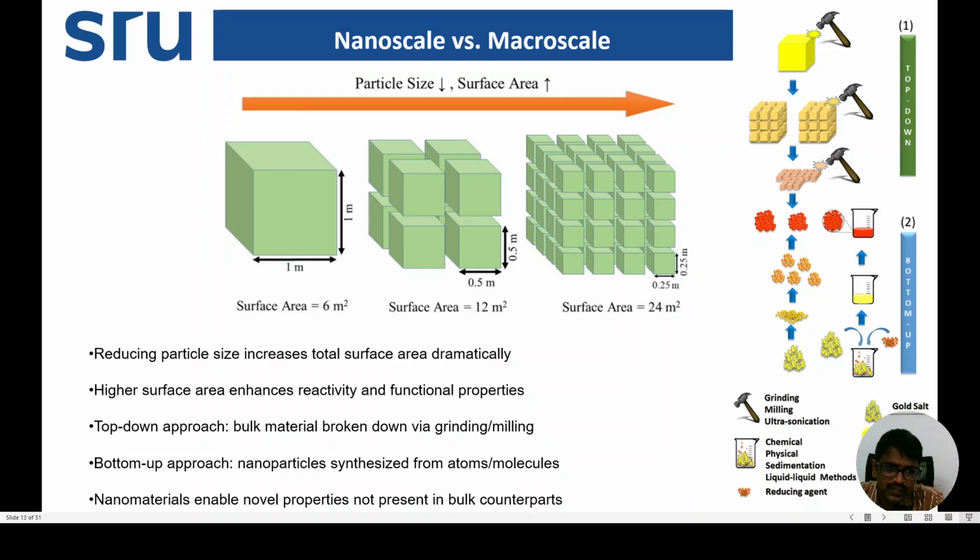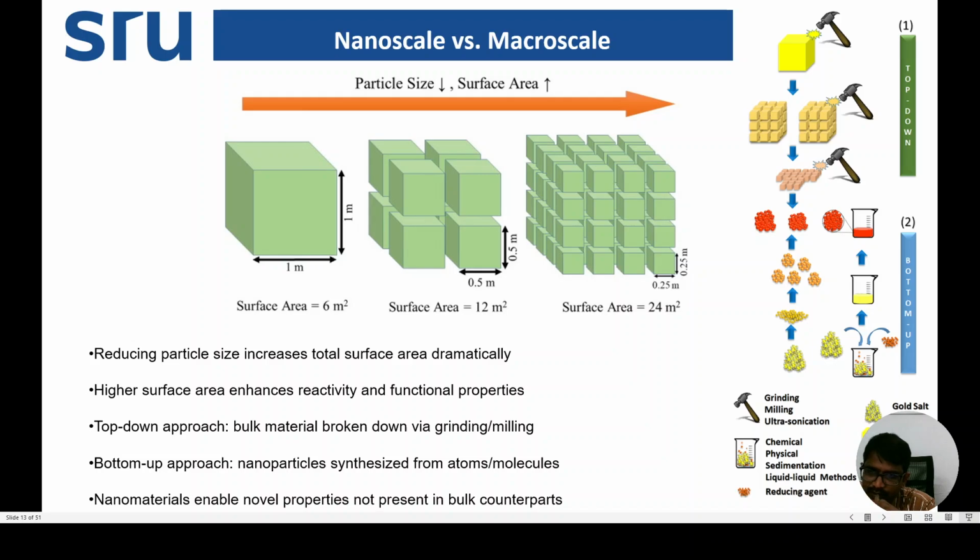In the top-down approach, bulk material is broken down via grinding or milling. This is a bulk, macro size. If you break it into many pieces, and again many pieces, the size reduces step by step until it comes to nano size.